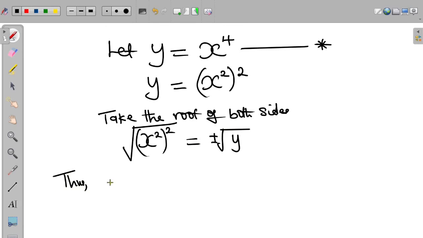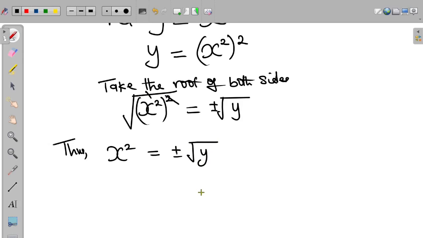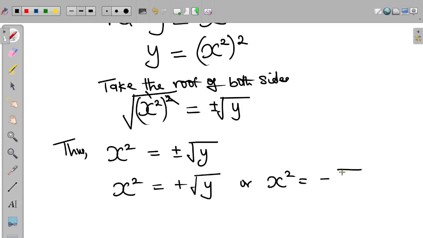We have that x squared, because square will cancel out root, so x squared is equal to plus or minus the root of y. So at this point, we have that x squared is equal to plus root of y, or x squared is equal to minus root of y.